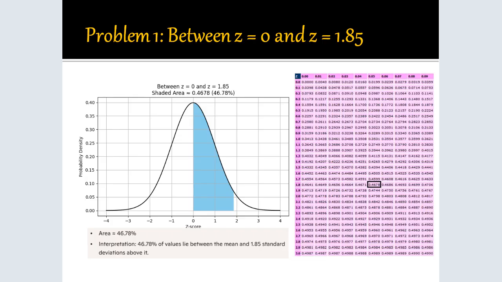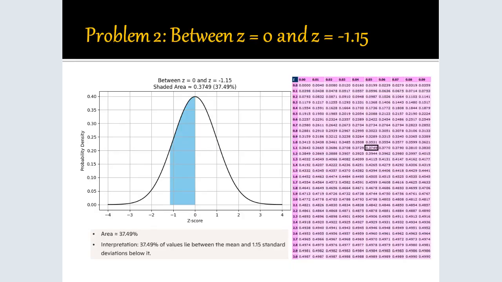Okay, so let's have another example. That is between z is equal to 0 and z is equal to negative 1.15. Now, the shaded part is from negative 1.15 to 0. On the z table, it is equivalent to 0.3749.